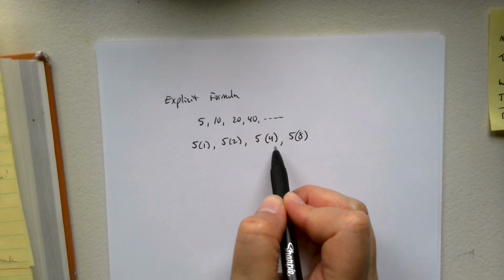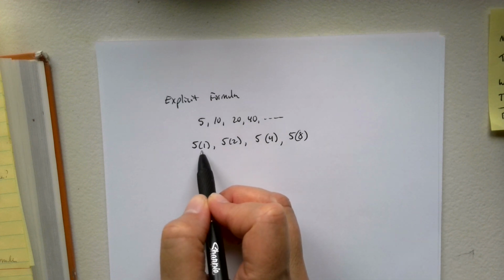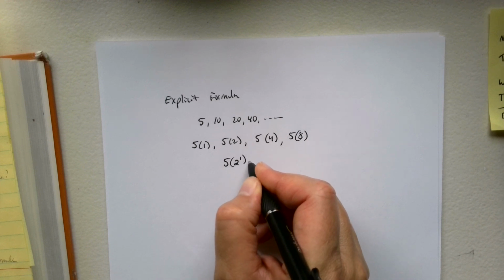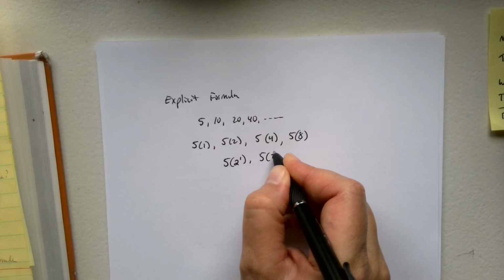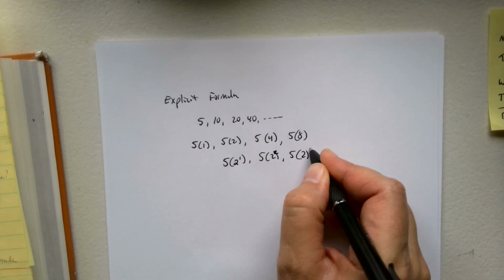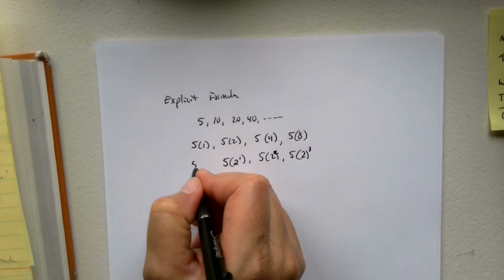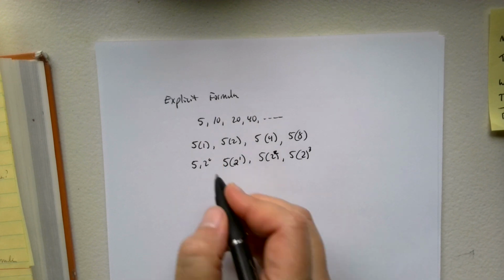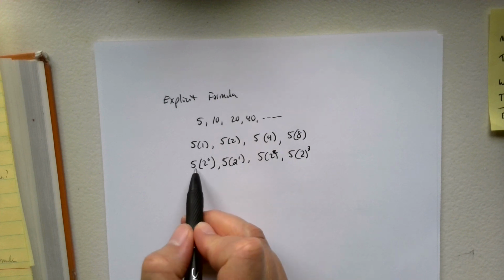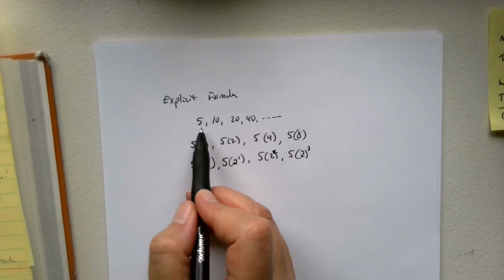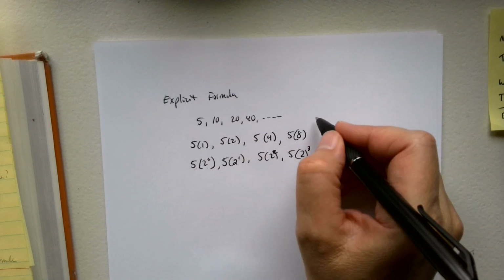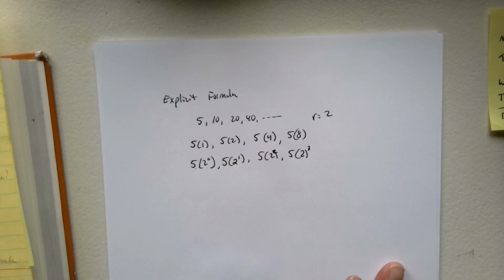We've got 2, 4, 8. So this is 2 to the first power. 4 is 2 squared. 8 is 2 cubed. And 2 to the 0 power is 1. And so what's happening here is they're taking 5, which is the first term, and they're multiplying it by a power of 2. And that common ratio was 2.